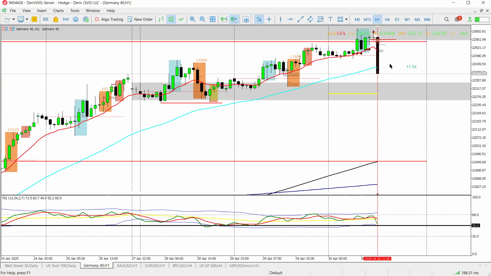We might open with an inducement or rather a retracement back into these levels, or any form of retracement. Then if we see any sign of a continuation, we can still take the sell. That's what I'll be looking forward to. But I've already secured the trade for this particular asset, so price action reading is already done for the day on this one.